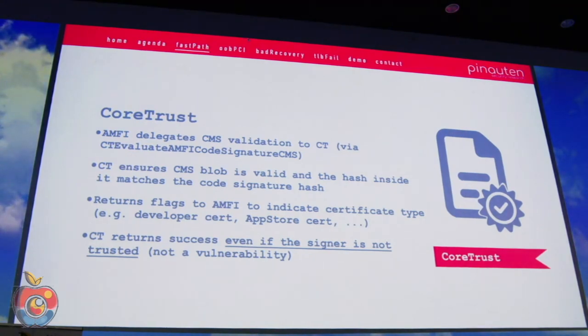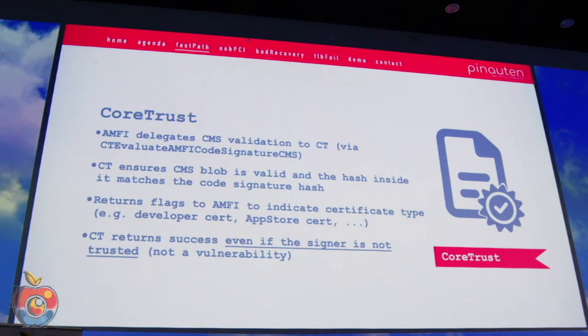Afterwards, after making sure that everything is correct, it will return some flags to Apple Mobile File Integrity that indicate the exact certificate type. For example, it can indicate that the application was signed using a developer certificate, or that it was signed using an App Store certificate. And importantly, CoreTrust will return success as long as the CMS blob looks valid. It does not verify the signer.